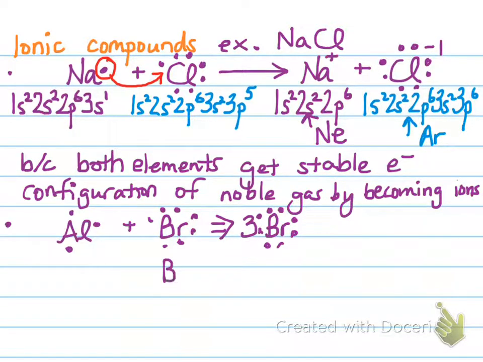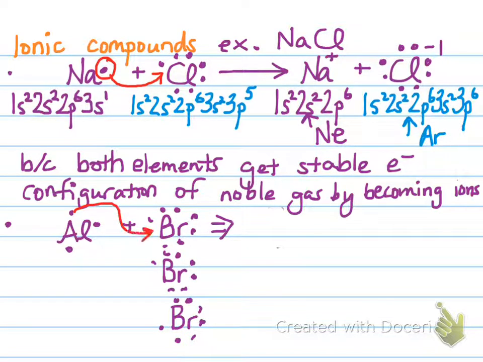We could kind of draw it like this. Right, here's my second bromine. Okay, and here's my third bromine. Each of them has their 7 valence electrons. So what's going to happen here? 1 electron goes to this bromine. 1 electron goes to this bromine. 1 electron goes to this bromine.